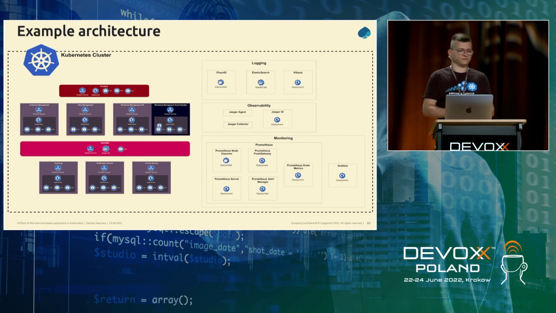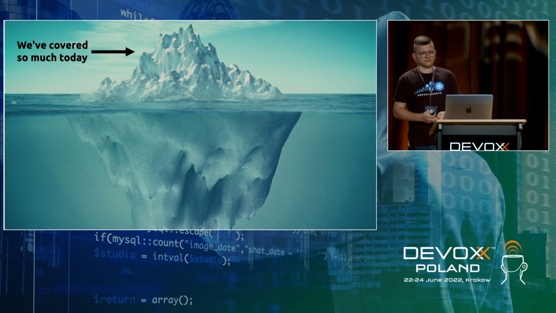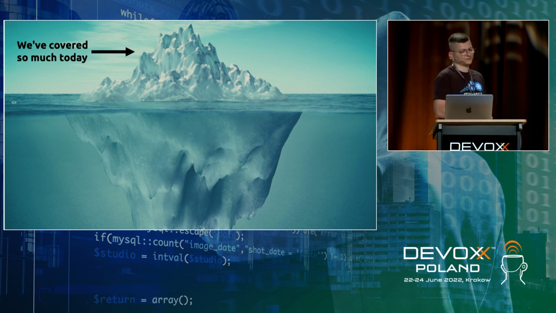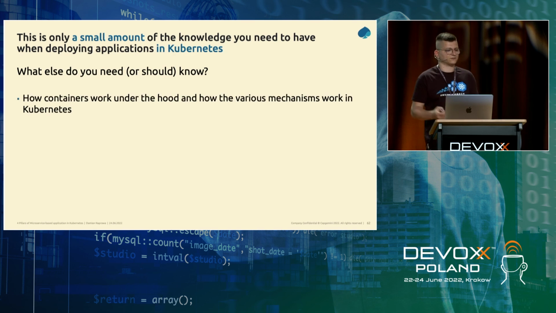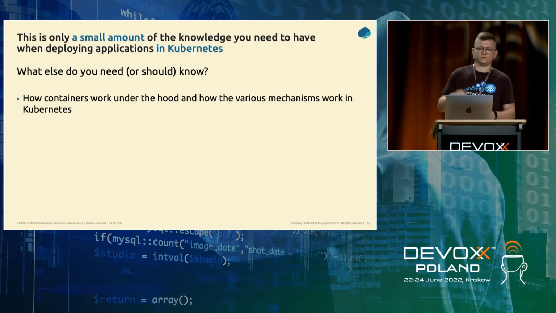As you can see, it's not easy to deploy microservice-based apps in Kubernetes. However, it's not all we need to know before we decide to move to Kubernetes. We haven't covered how containers work under the hood, and I think this is a must to understand the various mechanisms which work in Kubernetes.